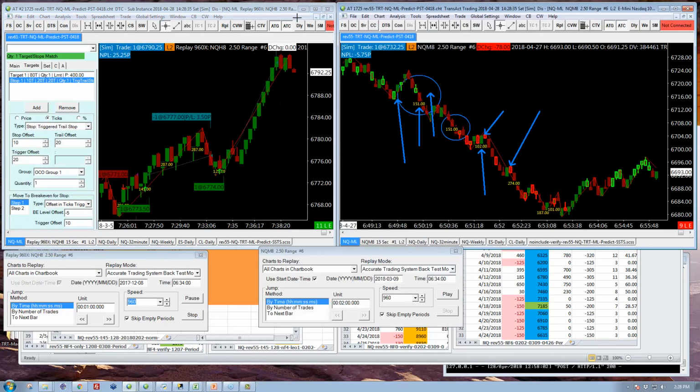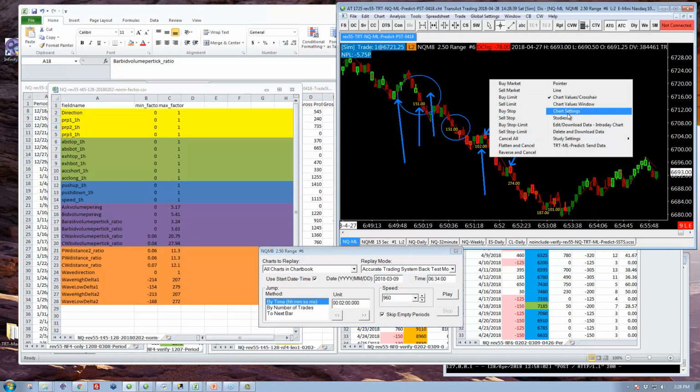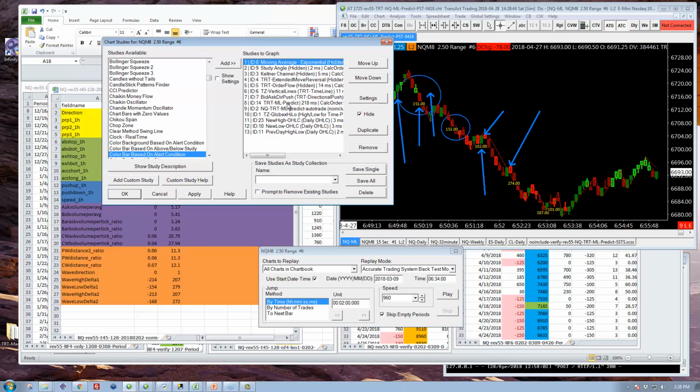That's hard to do, just technically. All right, so if you look here, so you understand what I'm talking about, the predict study is right there, but it's referencing data from directional push and order flow and what's called extended move reversal, but is really price action.